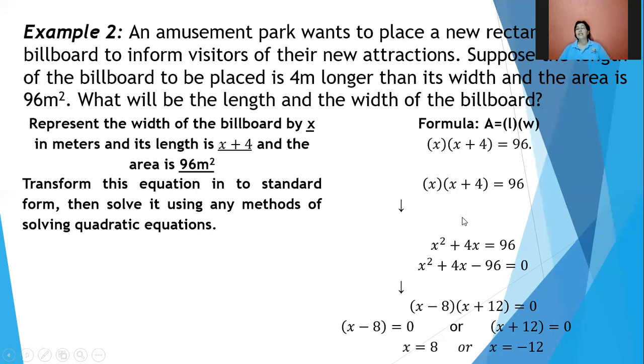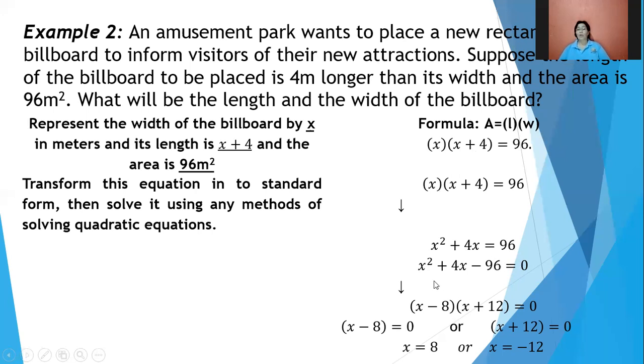X times x is x squared, x times 4 is 4x, equal to 96. Then write it in standard form: x squared plus 4x minus 96 is equal to 0.